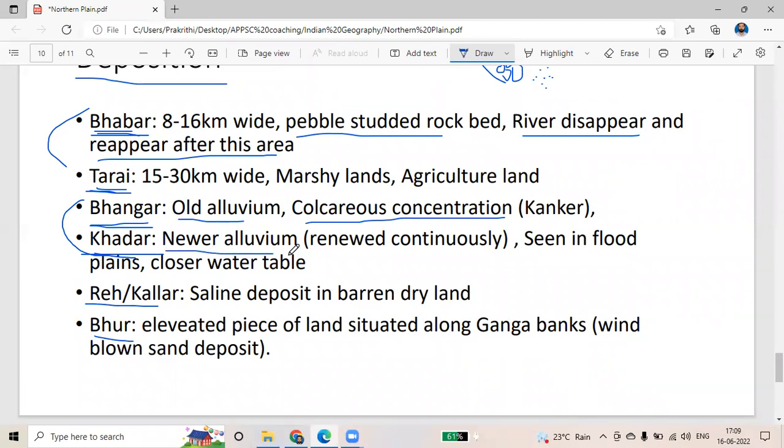Then the newer alluvium. ये ऐसा है, एक river is flowing, यहाँ से flow हो रहा है, तो it will start depositing. इसका तो deposition इसका side में होगा. तो ये कैसे है, एक बार डिपॉजिट करेगा, दूसरे बार डिपॉजिट करेगा, तो इसके सामने होगा न्यू अलुवियम, सबसे सामने होगा न्यू अलुवियम.